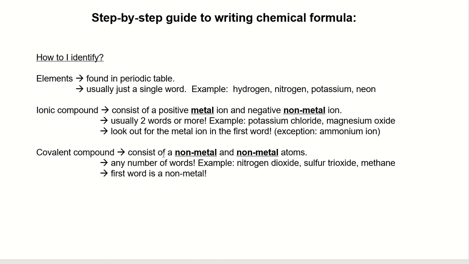To identify whether or not there is a metal ion present in the ionic compound, what we need to do is take a look at the first word. So what do I mean by that? Take for example potassium chloride. The first word is potassium.